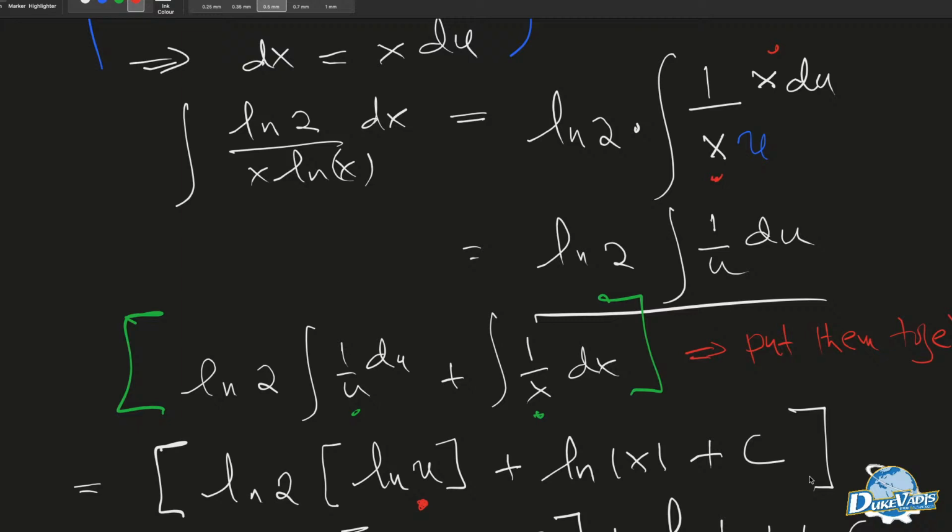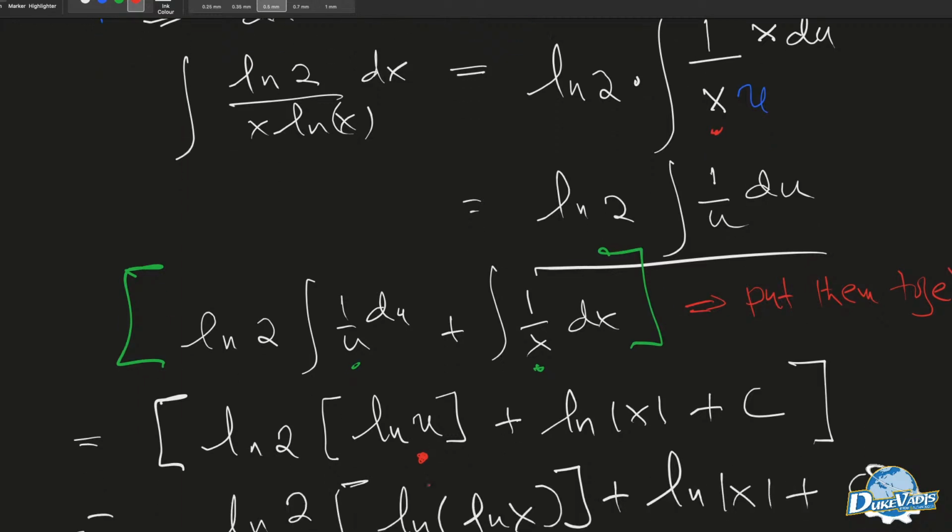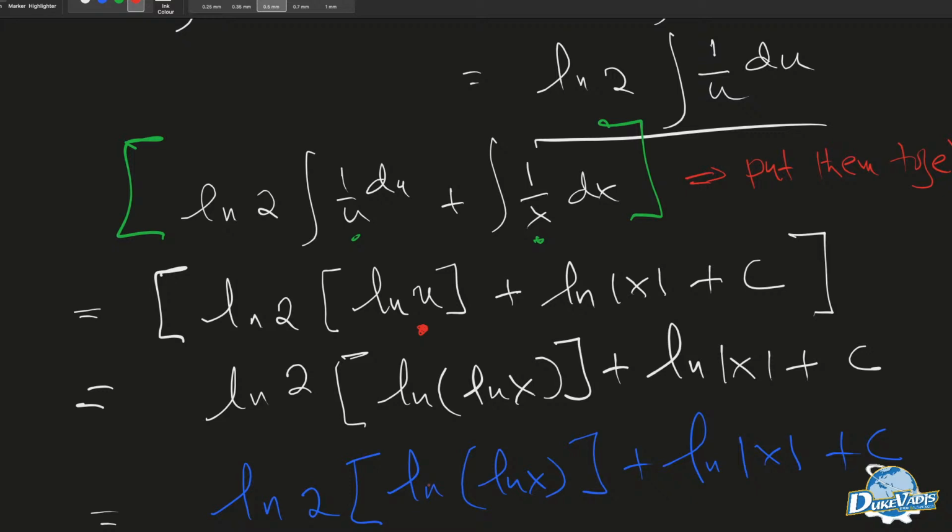But after doing that, we realized that the natural log of u shouldn't be part of the answer because the original equation didn't have anything like u. So we remembered that initially we said u is equal to natural log of x. So we came back here and substituted natural log of x in its place, and that gave us what we have here today. So this finally is the answer to this question.